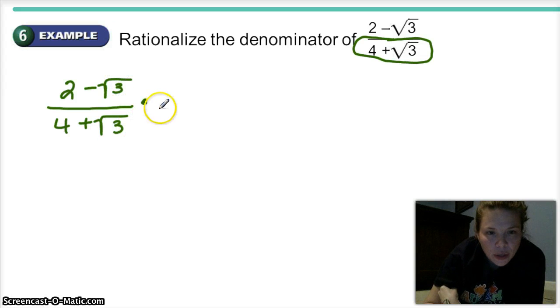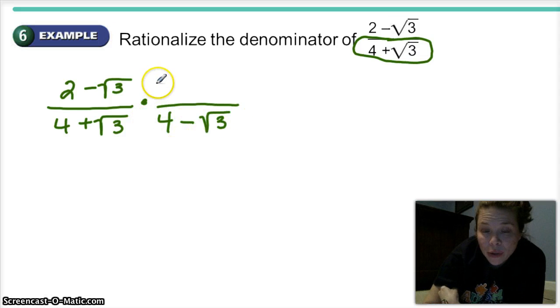Okay. So now multiplying that by its conjugate, we have 4. We did have plus, so now we need to have minus, and then we have root 3. What we have in the bottom, we also have to have up top. So that will also be 4 minus root 3.